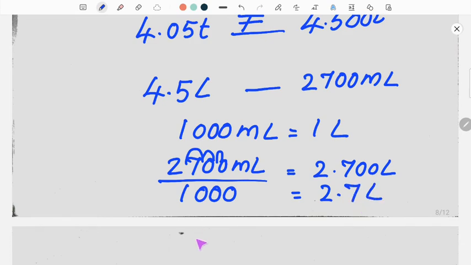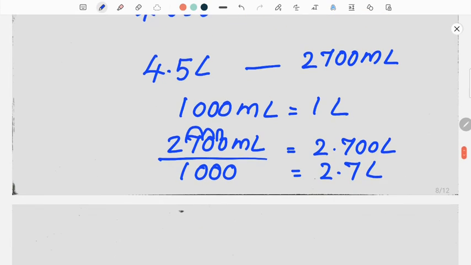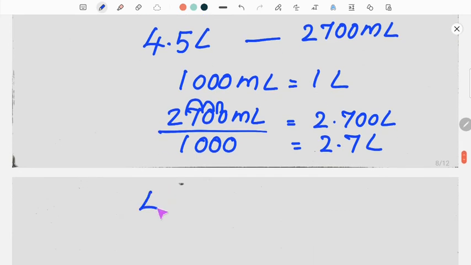Now compare the numbers. 4.5 liter and 2.7 liter. Check the whole number part. 4, 2. Which is greater? 4 is greater. So 4.5 liter is greater than 2.7 liter.